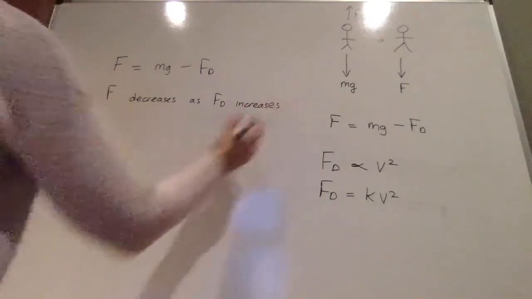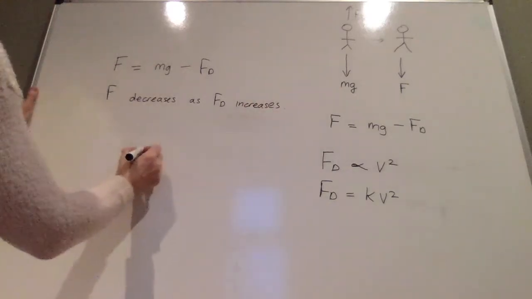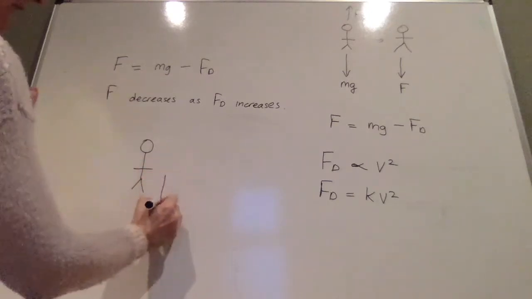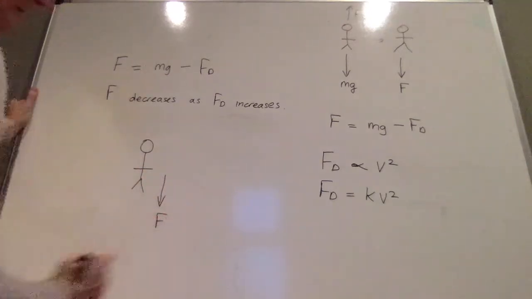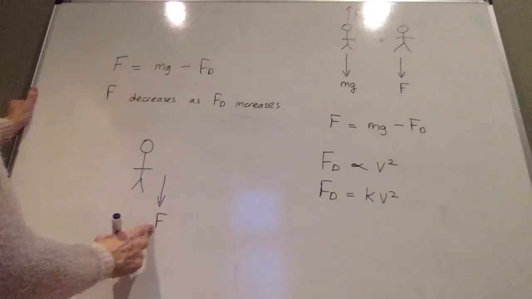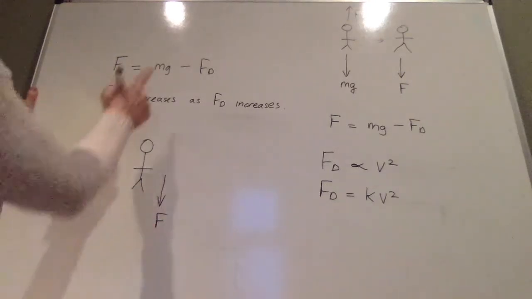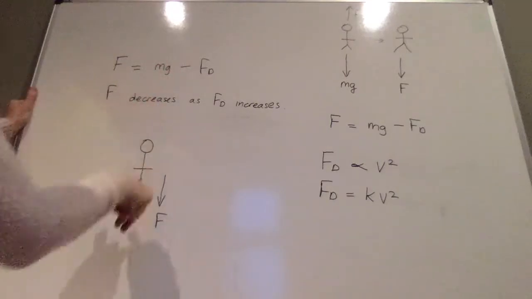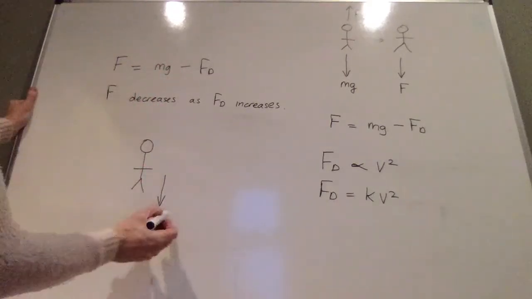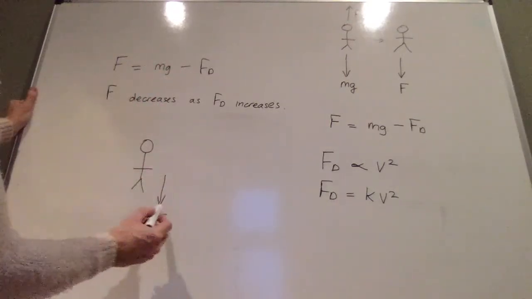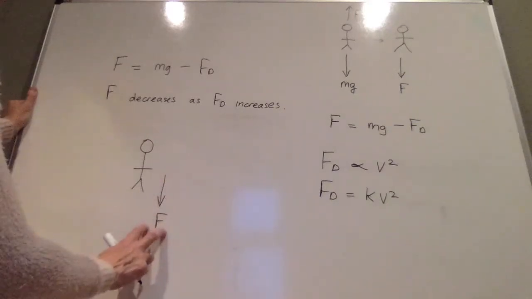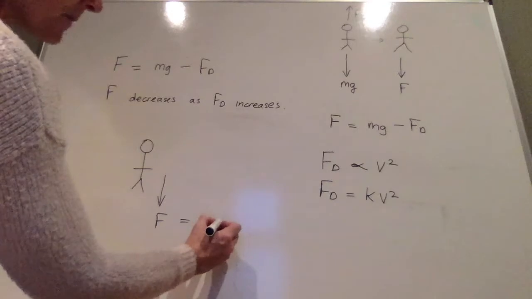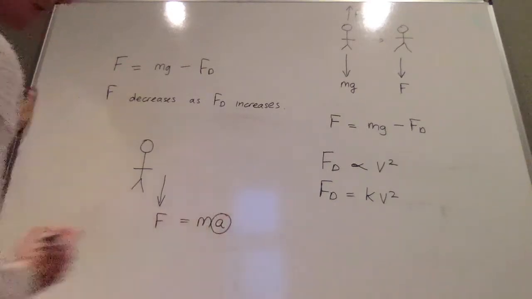Now, again, by Newton's law, if we have the body accelerating downwards due to a force F, which is the sum of these two, the downward one take away the upward one, that overall force is equal to the mass of the body multiplied by its acceleration.